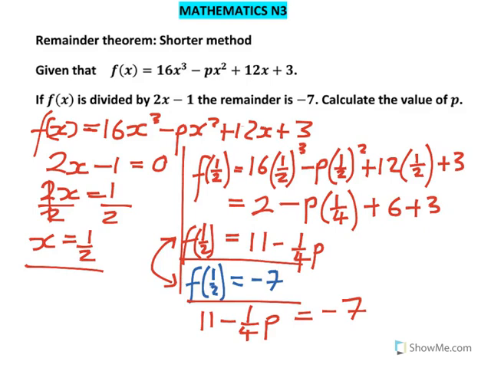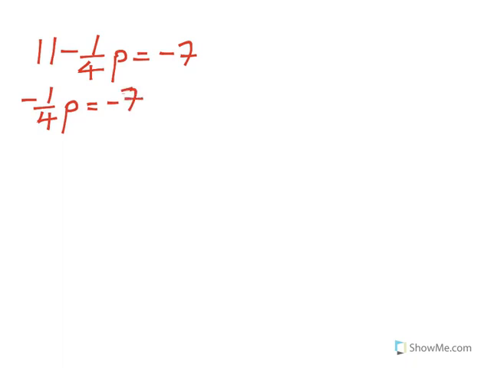So 11 minus 1 over 4p is equal to minus 7. Then the simple thing you need to do is to solve for p. You can take 11 to the other side. You will have minus 1 over 4p is equal to minus 7 minus 11. So if you do that, you are going to have minus 1 over 4p is equal to minus 18.